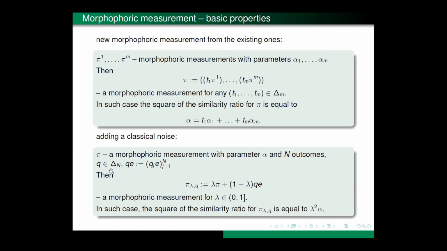It is again a morphophoric measurement, assuming that lambda is not 0, of course, because then we have just classical noise, and classical noise cannot be morphophoric because it is not informationally complete. So these are examples of how to obtain new morphophoric measurements from existing ones.